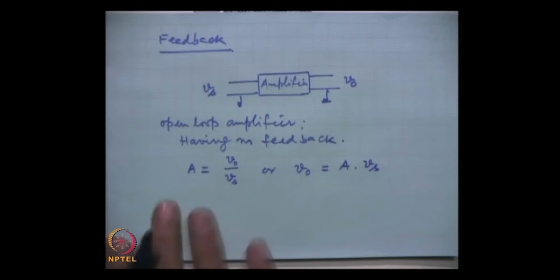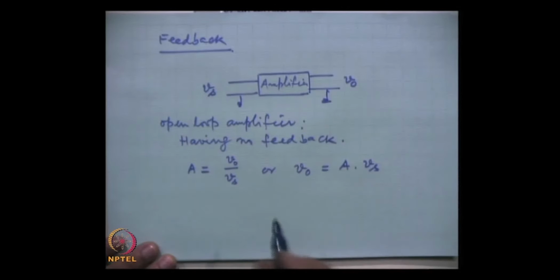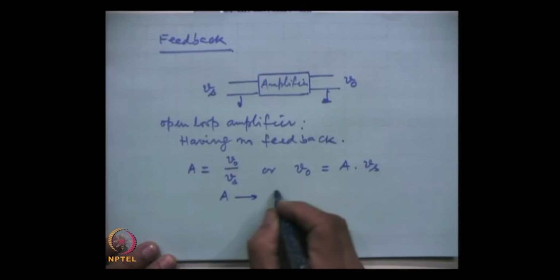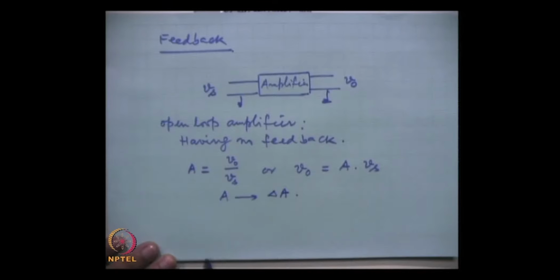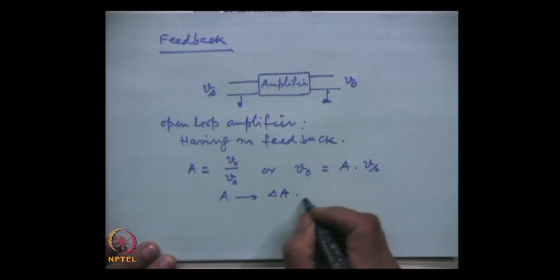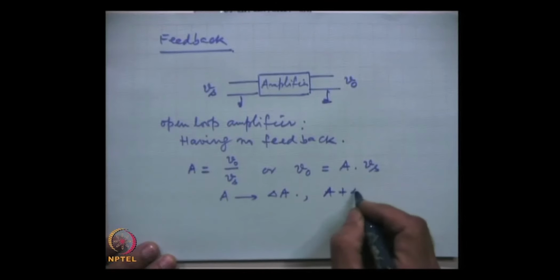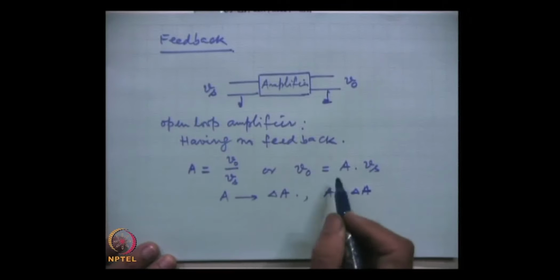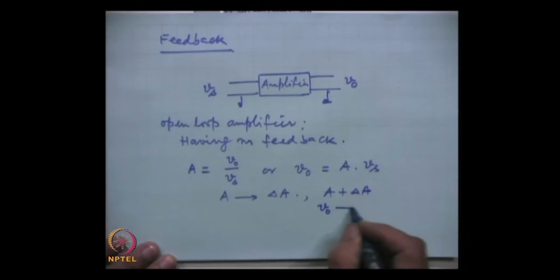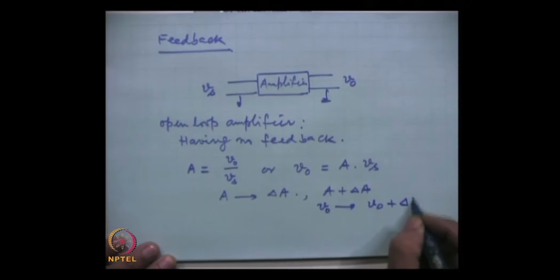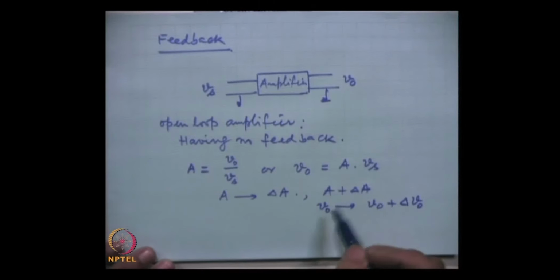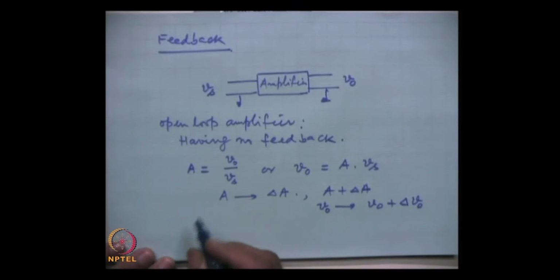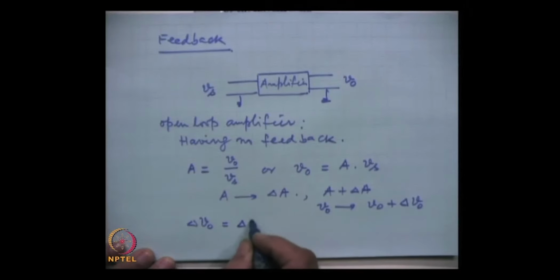Now, I will tell you what may change the performance. For any reason the gain changes. If the gain changes from A to A plus delta A, then the output will change from V 0 to V 0 plus delta V 0, and we can simply write that this change delta V 0 will be equal to the change in A, delta A, into V s.